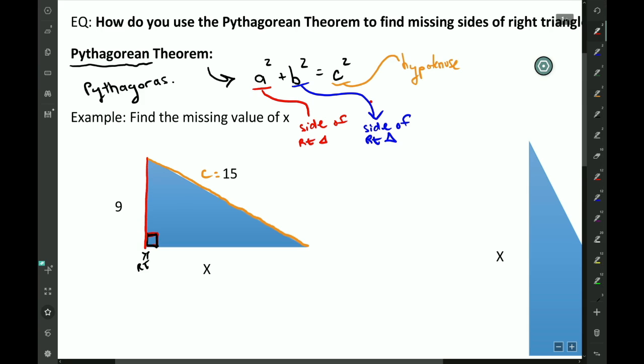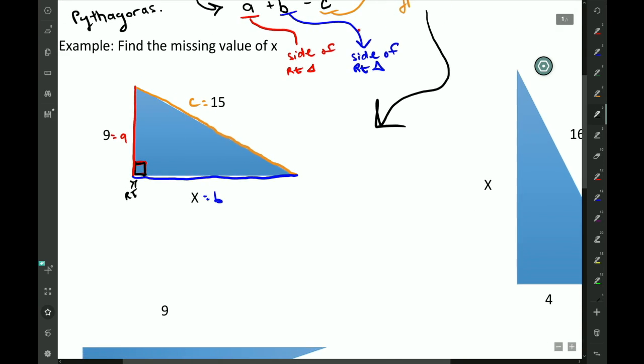So I'll let 9 be A. And I will let X, the missing side, be B. Okay? And basically, you're just plugging it all into Pythagorean's theorem. You're just going to substitute all that information in.